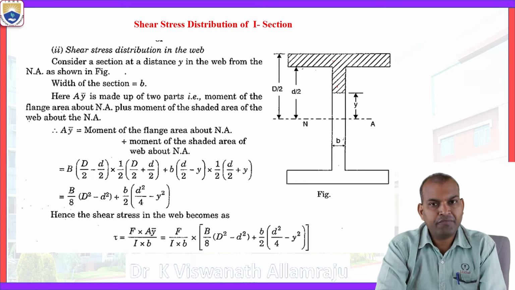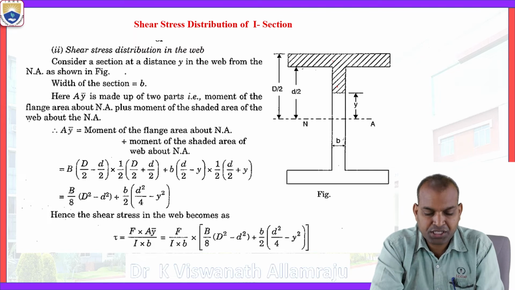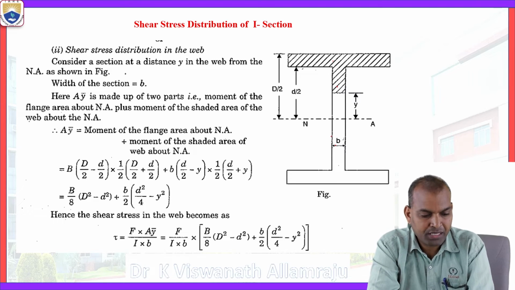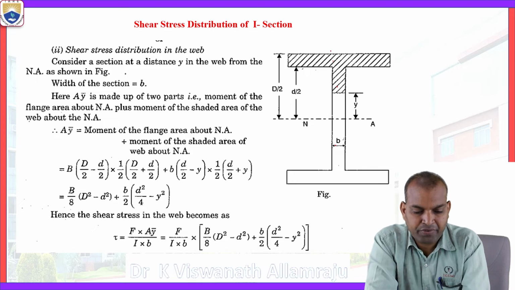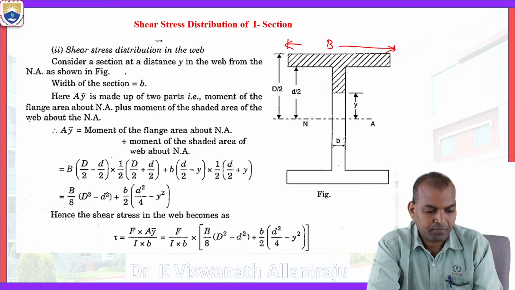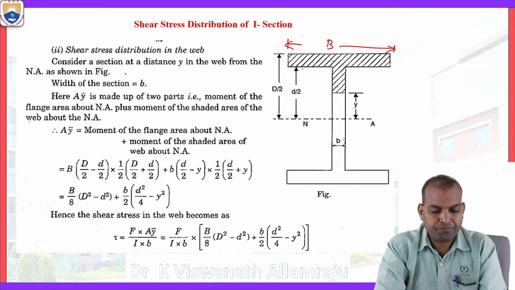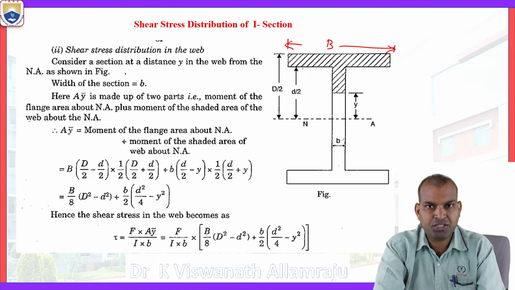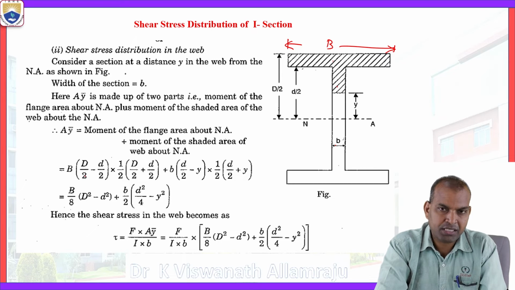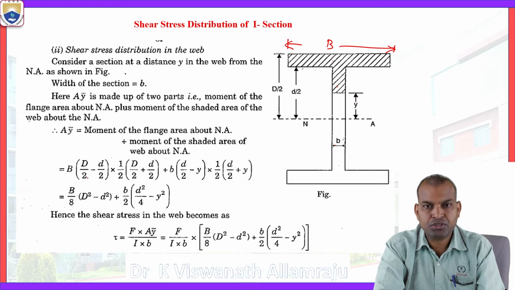We want A y bar. The width of the web section is b, and the width of the flange section is capital B. So A y bar means the moment of area of the flange about the neutral axis plus the moment of the shaded area of the web about the neutral axis.